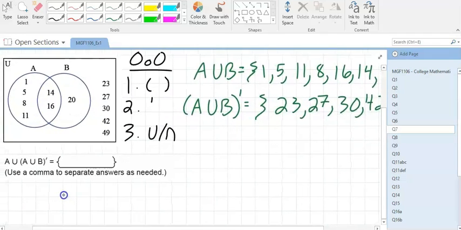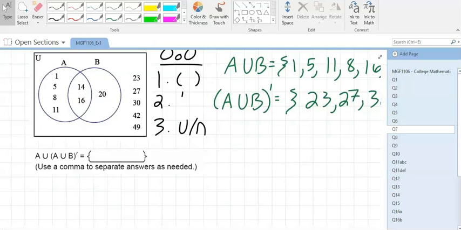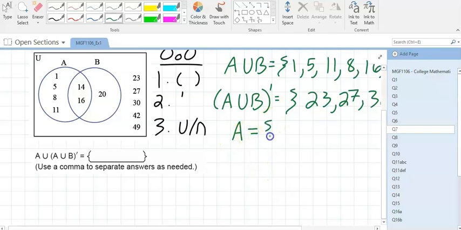And then now we're going to go ahead and take the union of set A and what we just found with the complement. So I like to write out what set A is, even though you can look at the picture and know. So what all numbers are in set A? 1.